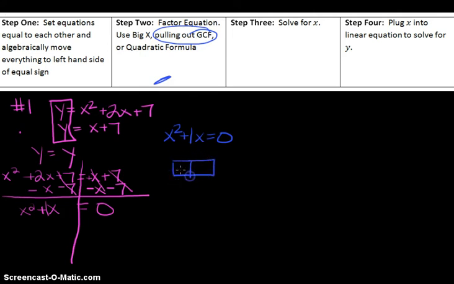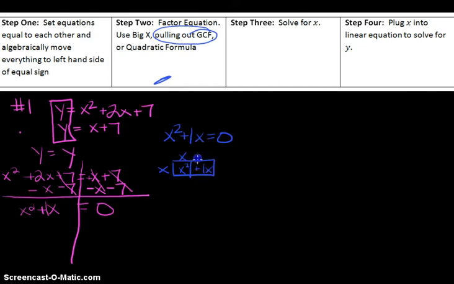Okay. We could put x squared in here and 1x here. And they both have 1x in common, so I'm going to pull that out. And then you ask yourself, x times what gives you x squared? And that's x. And then x times what gives you 1x?